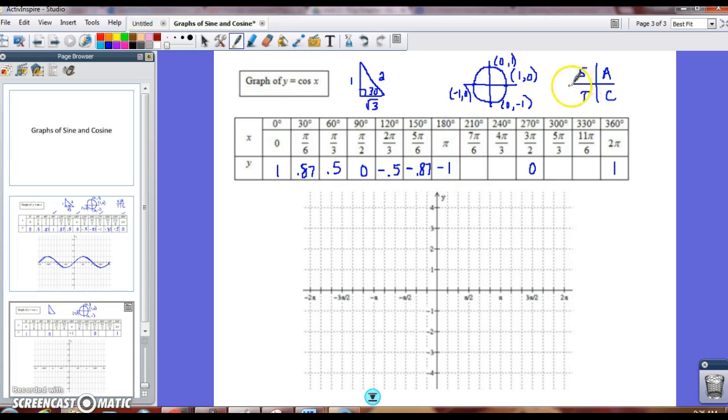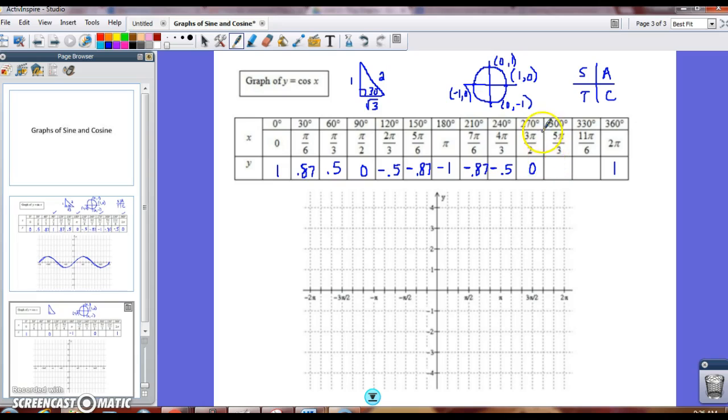At 180, we're right at the x-axis, so when I get to 210 and 240, those are in the third quadrant, and I'm negative in the third quadrant, so both of those values will be negative. At 210 degrees, my reference angle is 30, so that would be negative 0.87. And at 240, I'll be at negative 0.5, and then back at 0.